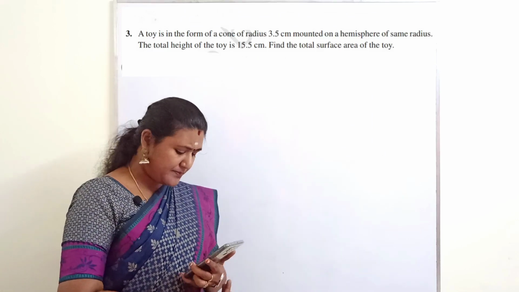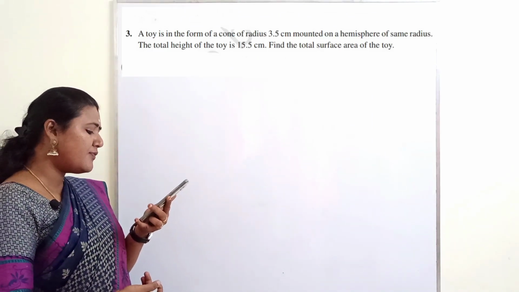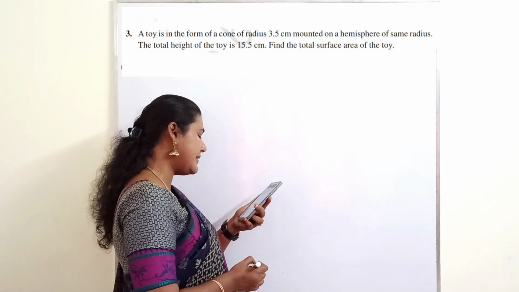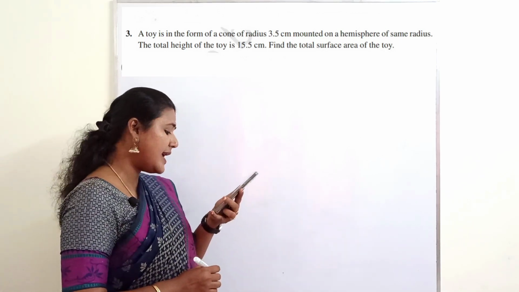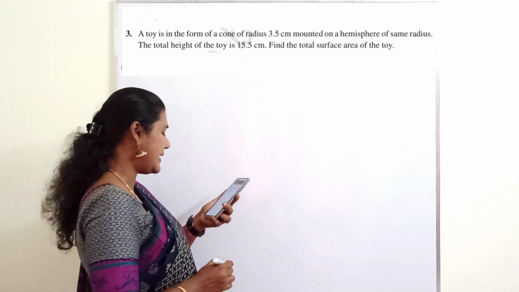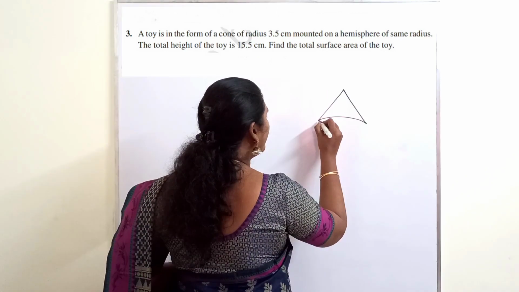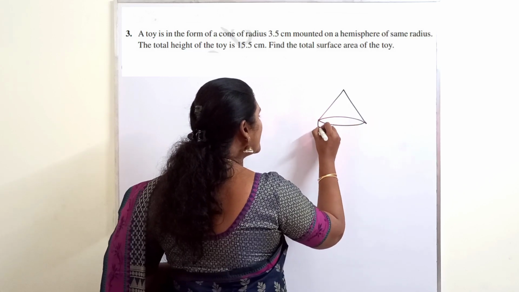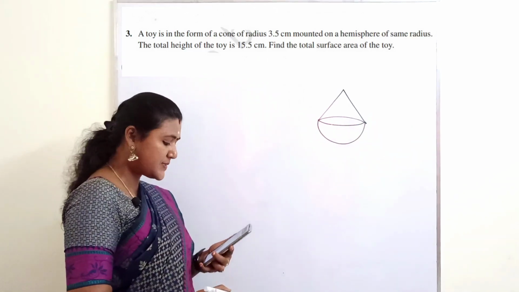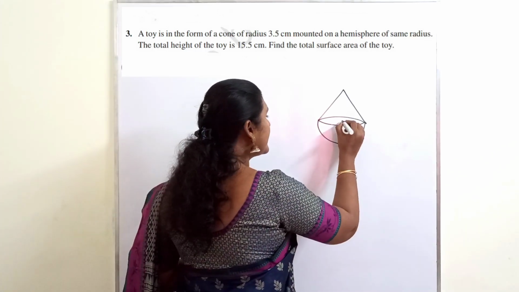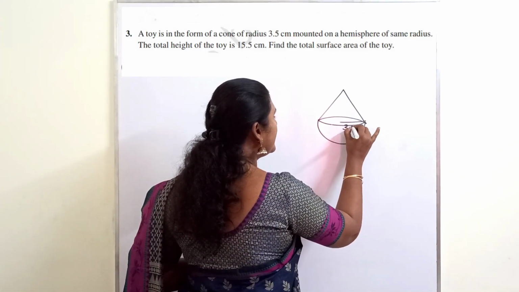Question number 3. A toy is in the form of a cone of radius 3.5 centimeter mounted on a hemisphere of the same radius. So a toy is in the shape of a combination of a cone and a hemisphere, and the radius of the cone is given as 3.5 centimeter.